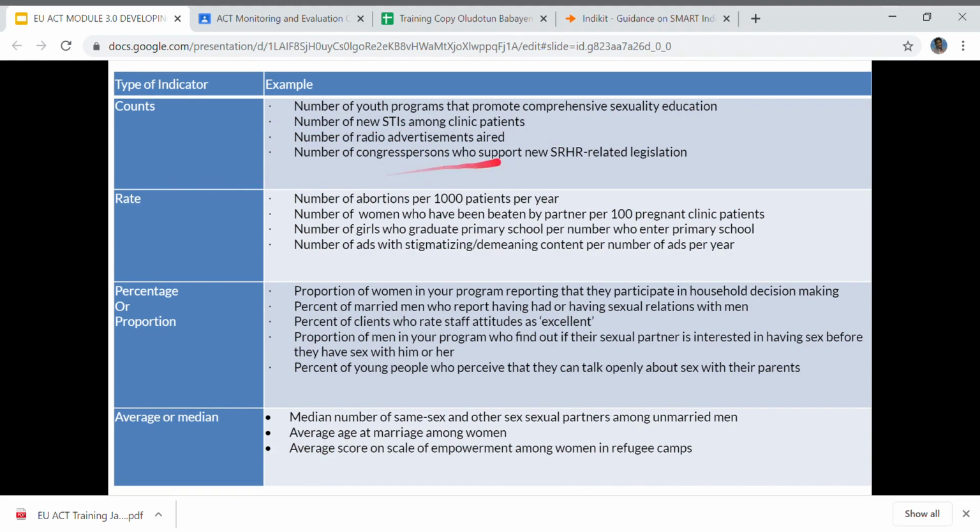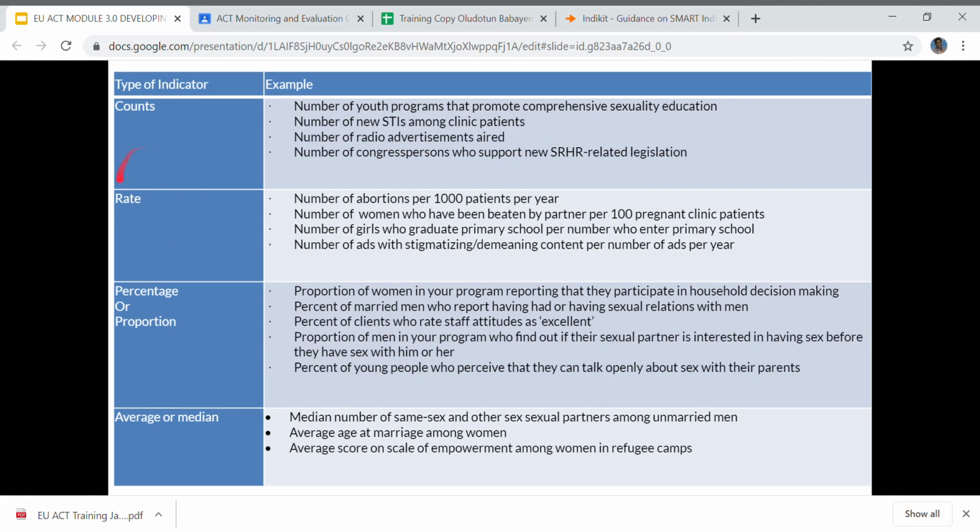So you talk about the number of radio advertisements, the number of legislators that have attended your program, the number of youth programs that promoted comprehensive relationships, how to relate with women and the girl child, the number of acts that you have produced, the number of condensed laws that you have provided to people. Think about all that. They are in terms of count.